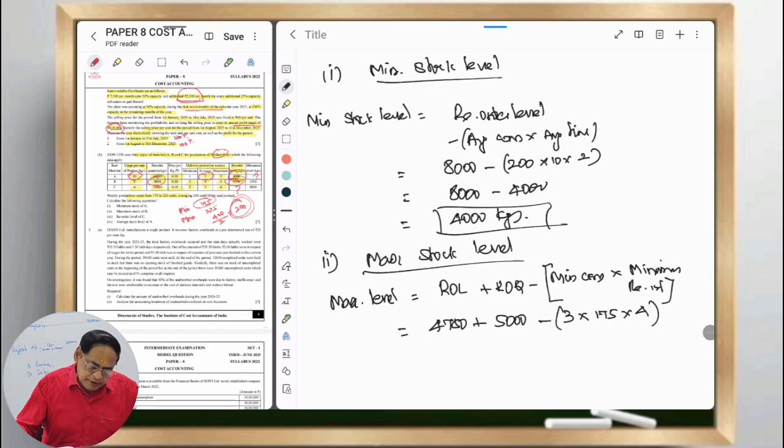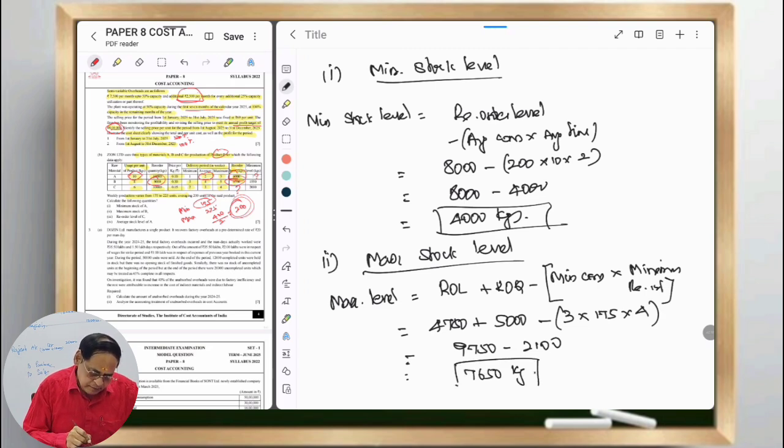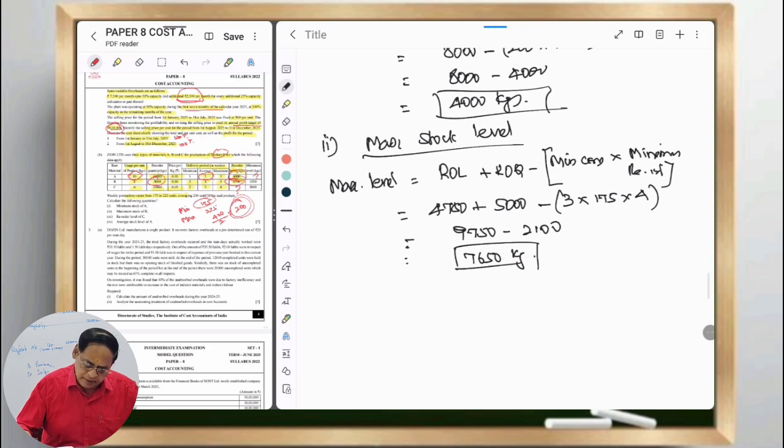So 3 into 175 into 4 is 2,100. Here 4,750 plus 5,000 is 9,750, minus 2,100 gives 7,650 kg. That is the correct answer. Please make note of the maximum stock.